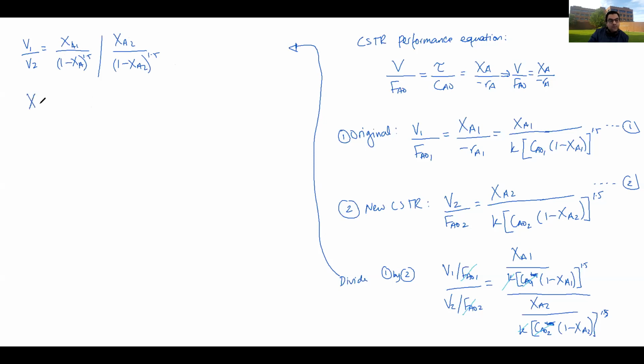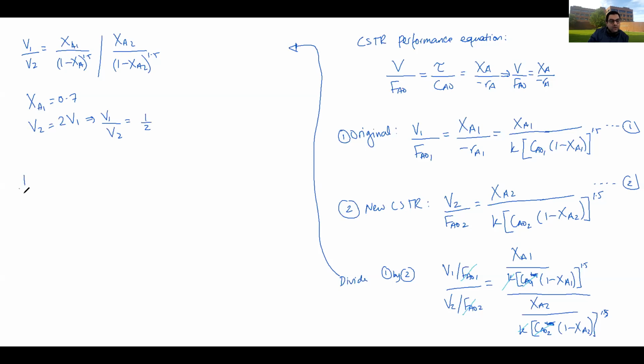You're given in the problem that XA1 is equal to 0.7, and you also know that V2 is equal to 2V1. So let's plug these guys in here. So basically this means that V1 over V2 is equal to half, right?